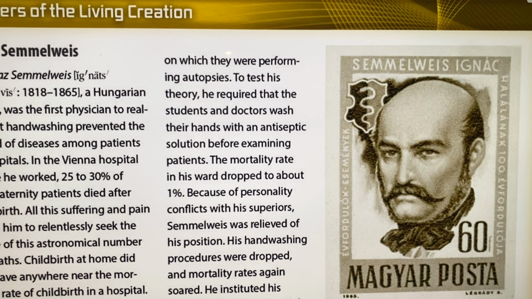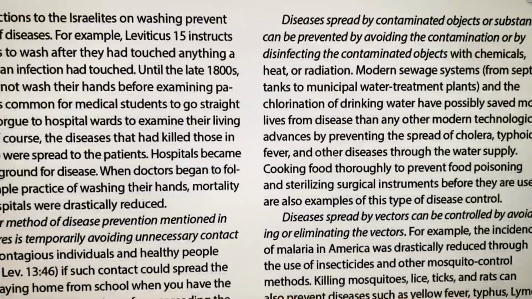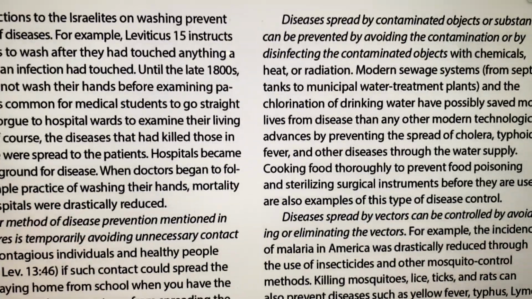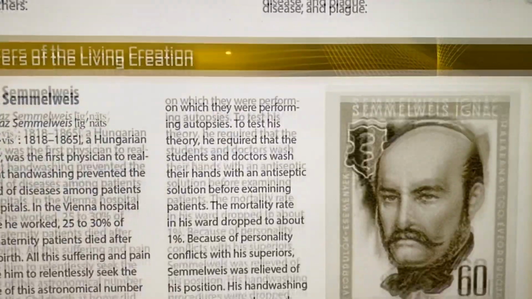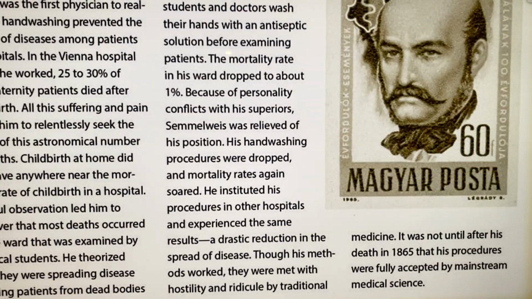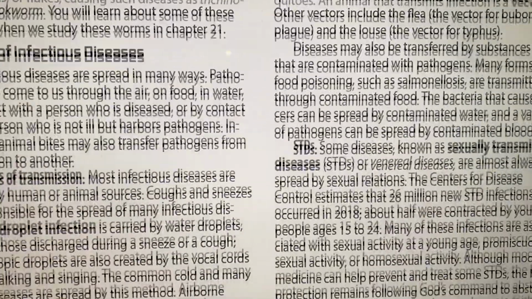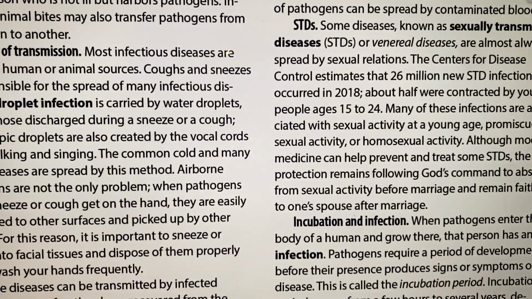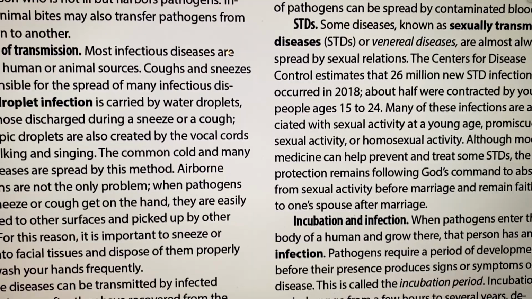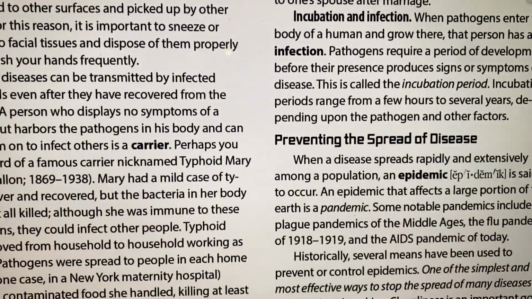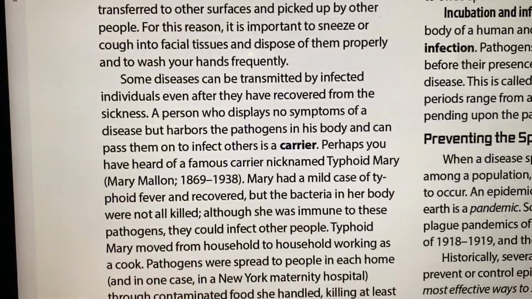So let's talk about this lady up here. Let me see if I can find what they wrote here on this. Don't see it right here, so let's go back. Where we got droplet infections, we got carriers. Okay, this is the story on the carrier right here.